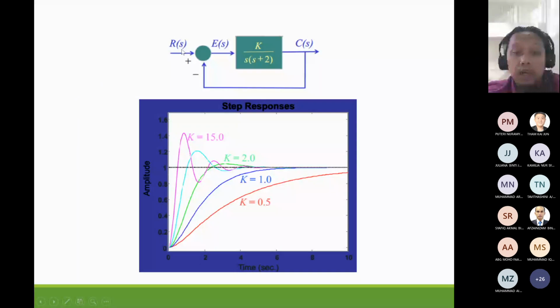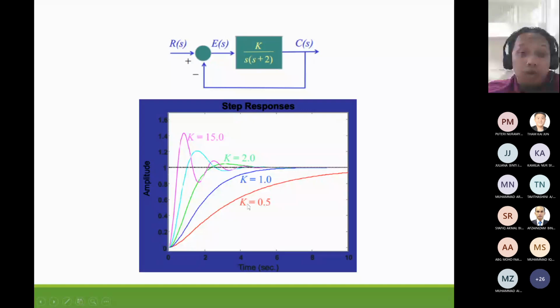Let's say you have this system where the forward transfer function is k over s times (s plus 2), and you have a unity feedback. When you change the value of k, you will see from this figure that the time response also changes, and the stability of the system actually depends on the value of k.